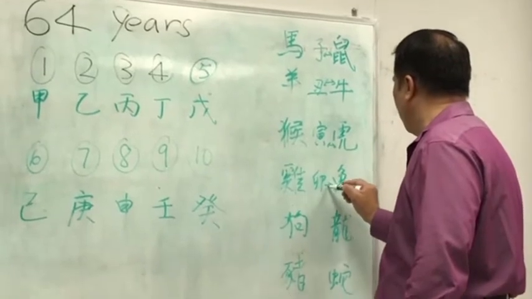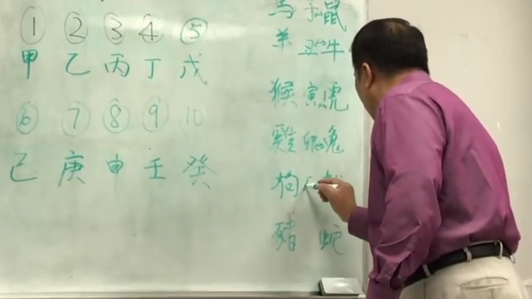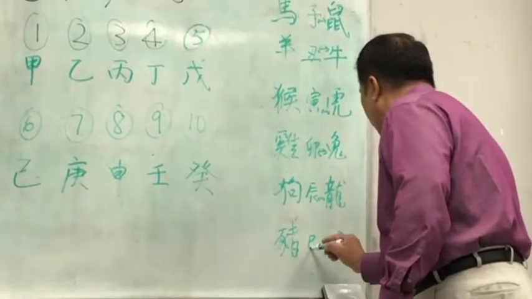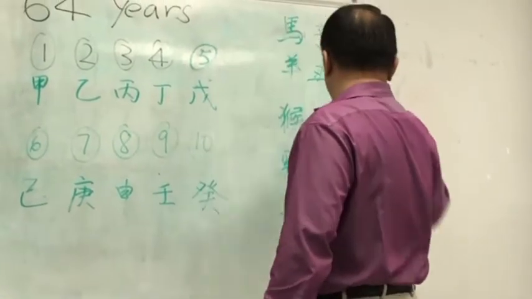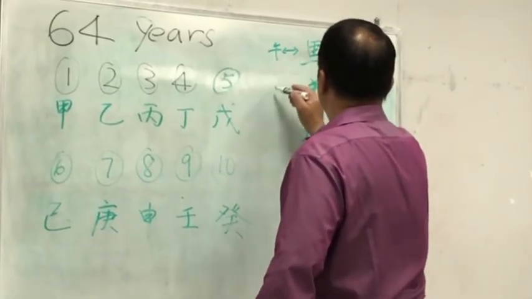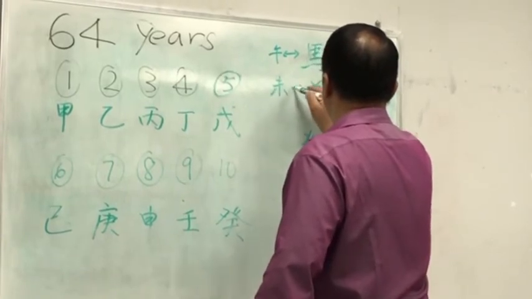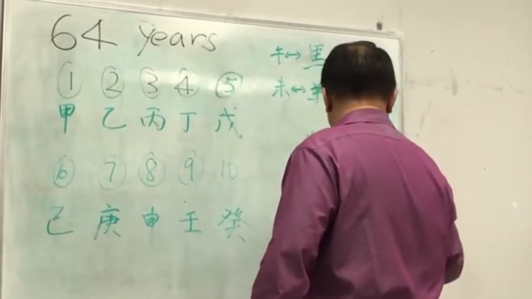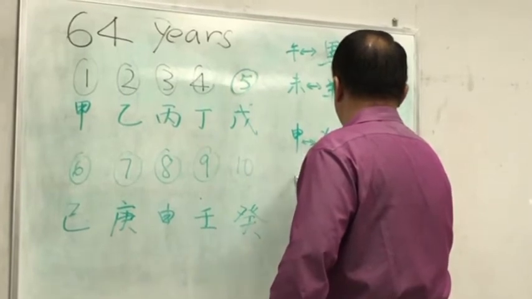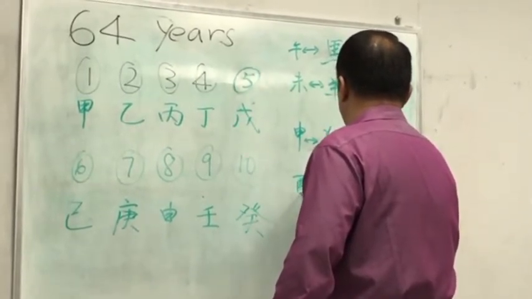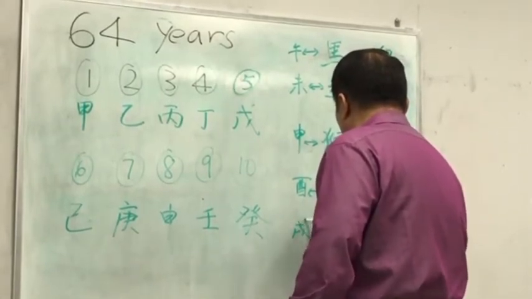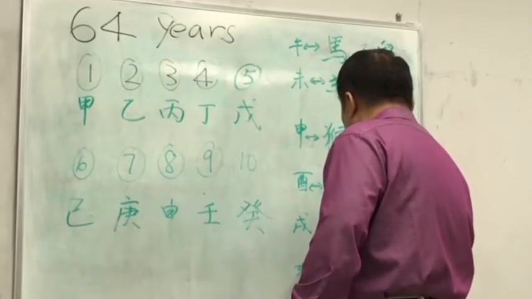Mao means the rabbit, the dragon, the snake, the horse, the sheep, the monkey, the rooster, the dog, and the pig.